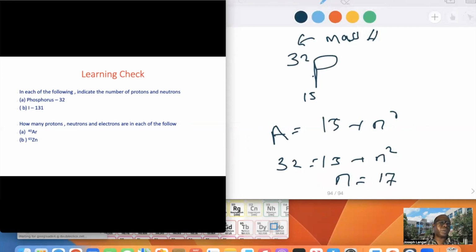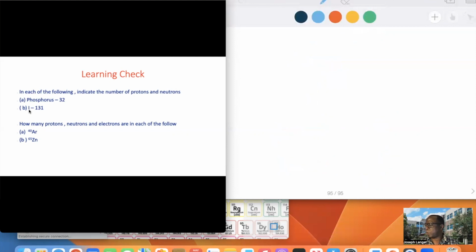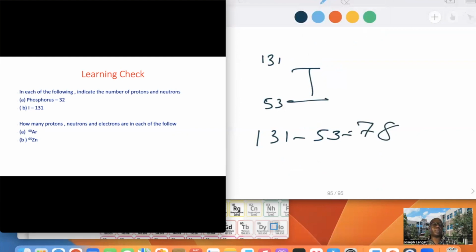You'll do the same thing for the rest. If you look at iodine, it is number 53. So I'll write 131 and 53, and 131 minus 53 equals 78. You have to do the math.